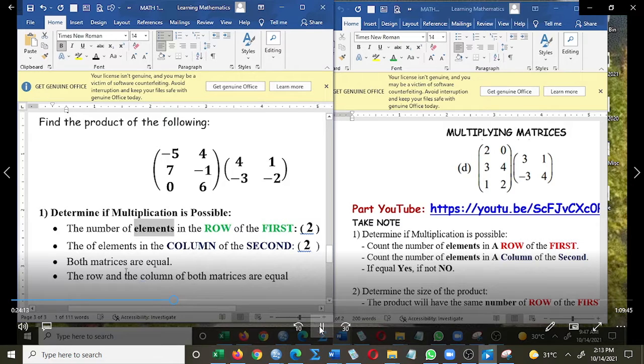The number of elements in the row of the first is equal to the number of elements in the column of the second. So it is very important to mention number of elements in your analysis.